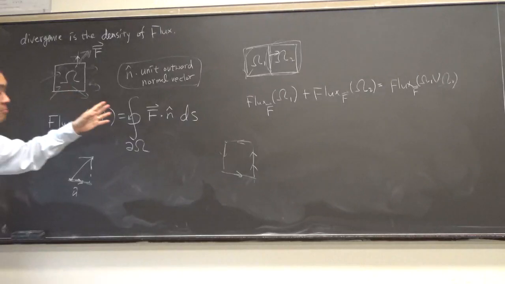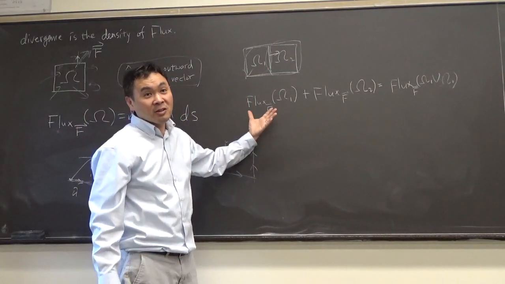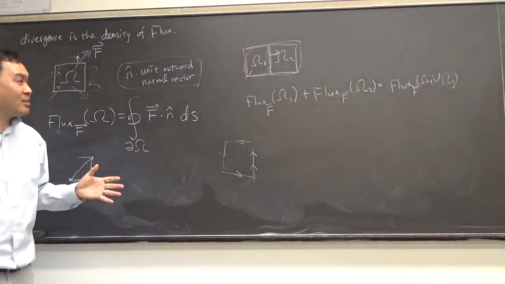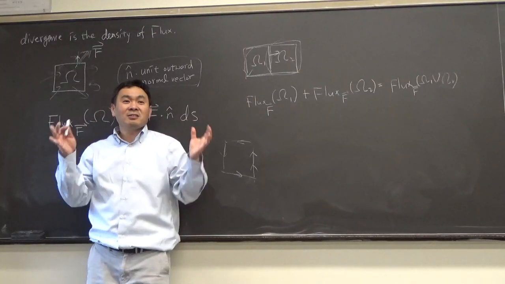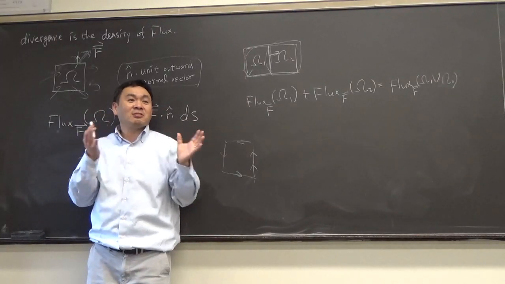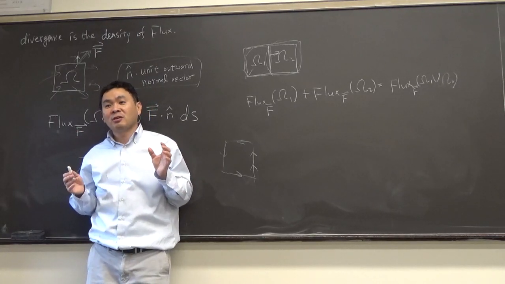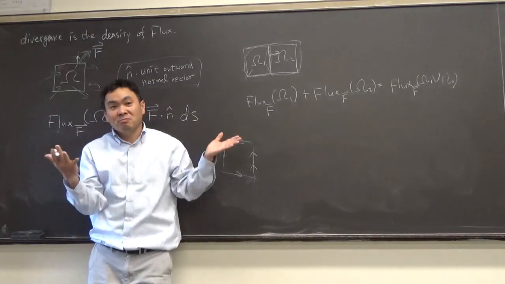Now what that means is that this quantity called flux is additive, and that's very important in physics. Many tangible things that we can measure are additive. If you have the mass of one thing and the mass of another, you add them up, it's additive.